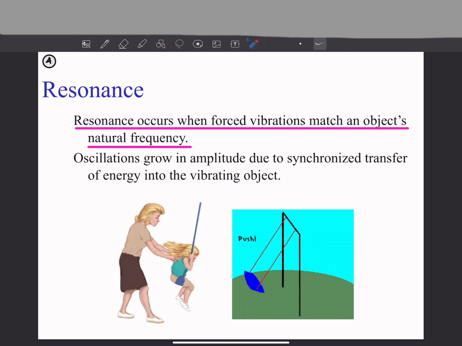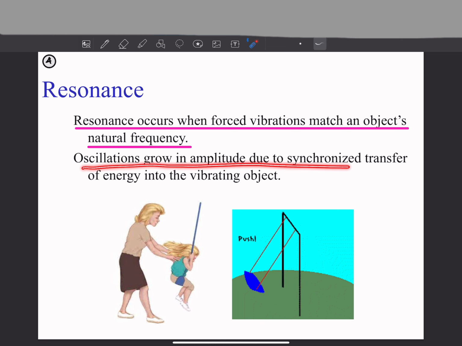So different ways to represent the same thing, but simple point is that when the forced vibration becomes equal to the object's natural frequency, or the force frequency will be equal to the natural frequency, the body will resonate. Oscillations grow in amplitude due to synchronized transfer of energy into the vibrating object.